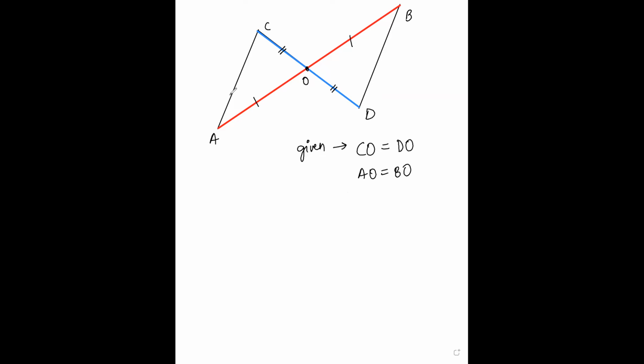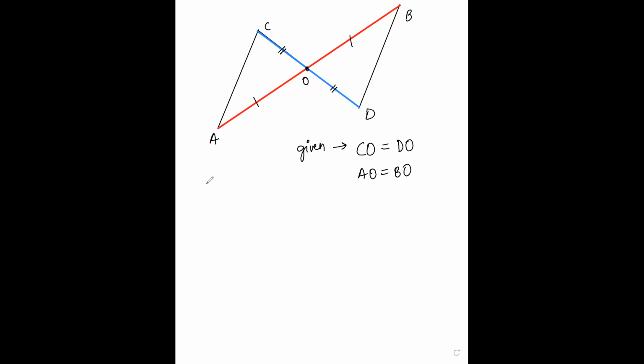Is it given anywhere? AB is equal to CD. No, that's not given. Are the red line and the blue line equal? No. Think about an angle over here.